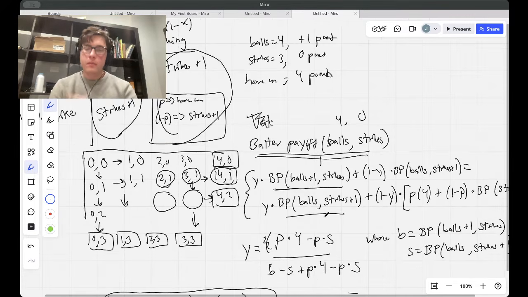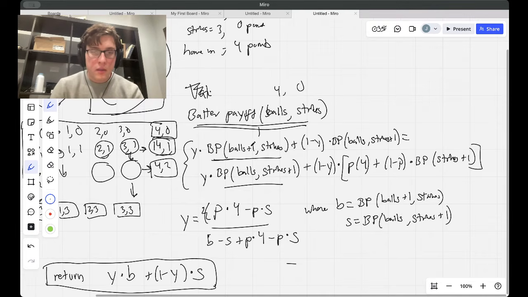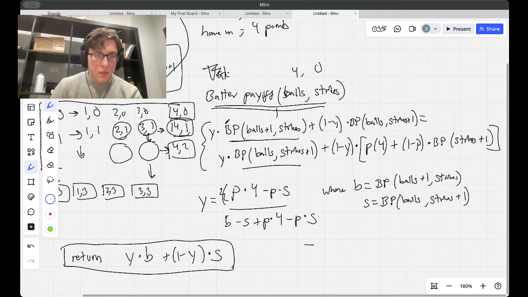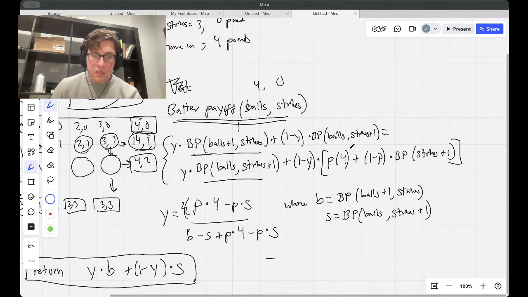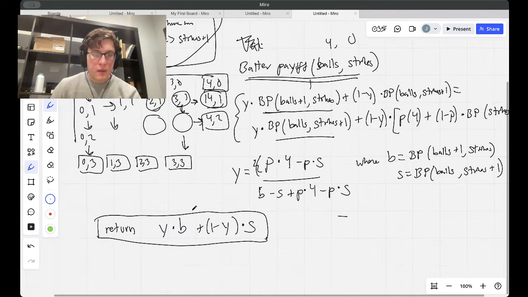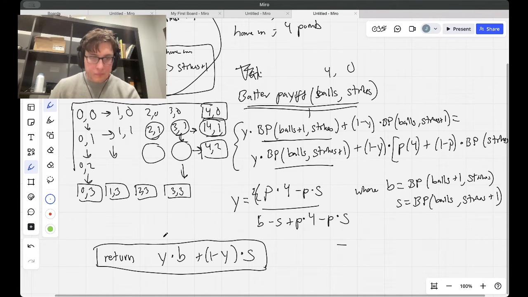Fantastic. So let me just walk through it. It looks like it stopped recording here, but you can see that I wrote down the batter payoff, y, and then 1 minus y, and then these two equations are the same, and I solved for y, and then here I returned the final value, y times b plus 1 minus y times s.